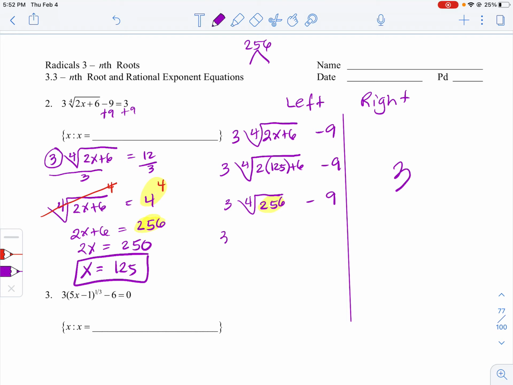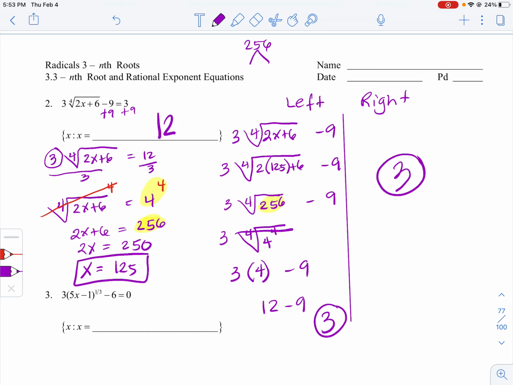So I will write that as 4 to the power of 4, and that will cancel the fourth root. You are left with 4 minus 9. So 12 minus 9 is 3 on the left, 3 on the right. So 125 is our final answer.